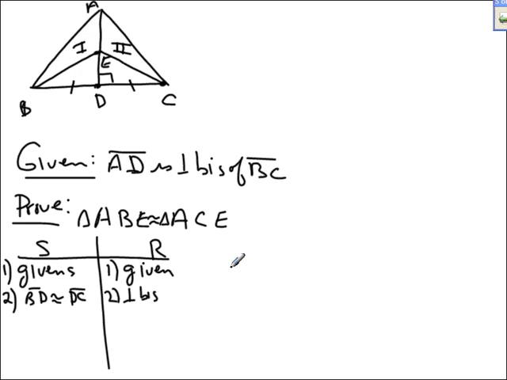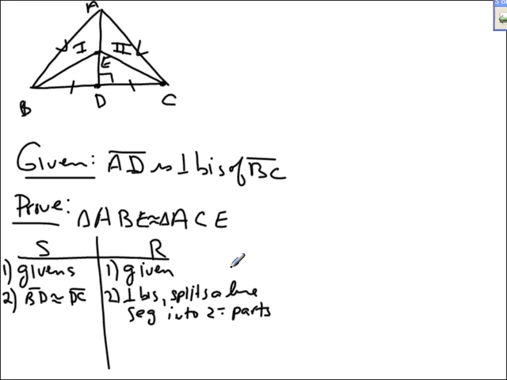The reason: a perpendicular bisector splits a line segment into two equal parts.